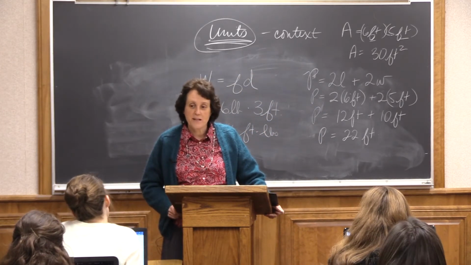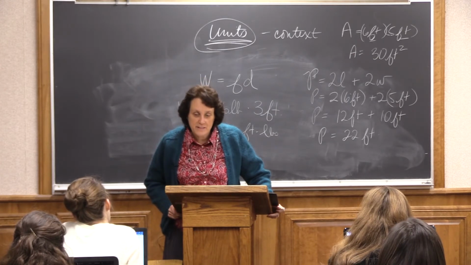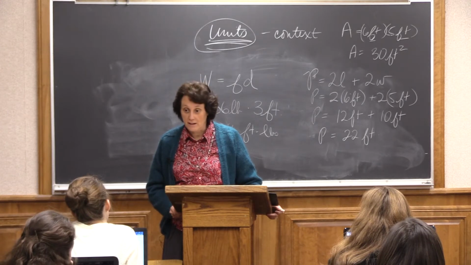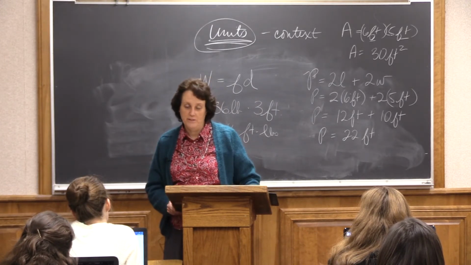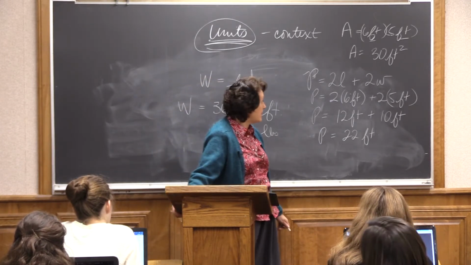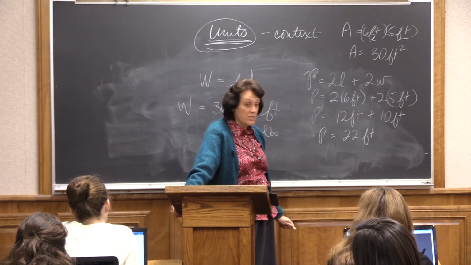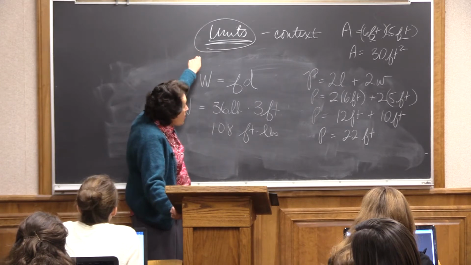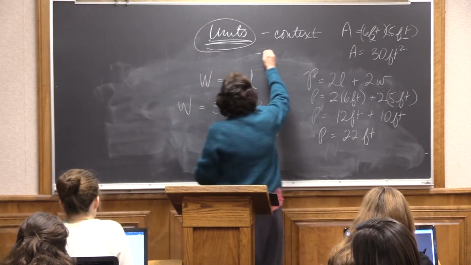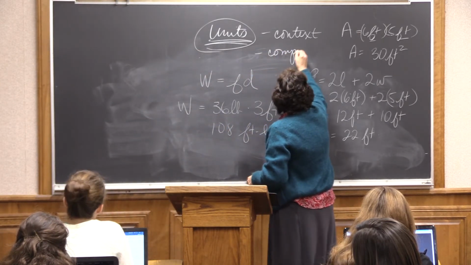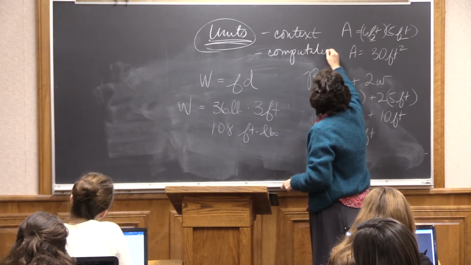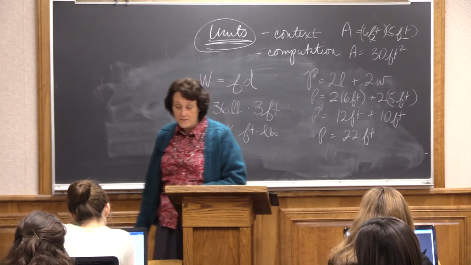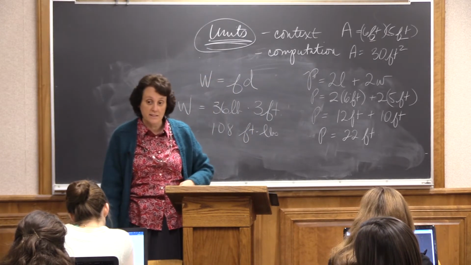Otherwise, we have the entire assignment on the area page in 7th grade math, and every unit is incorrect because they forgot to put the square on. Well, it's not something we slap on the end, it's part of the computation. So units are part of the computation, and they put the answer in context. They're not a label to put on the end.